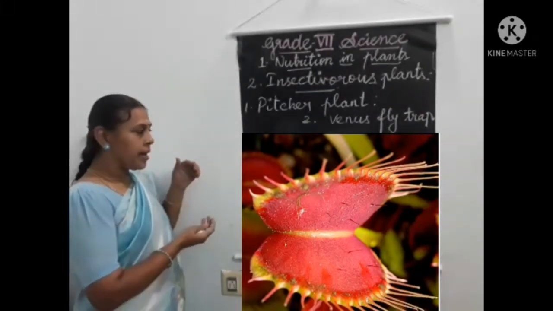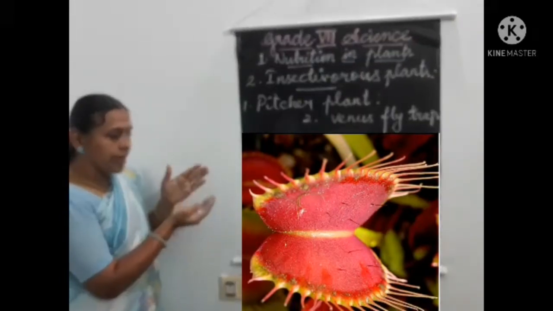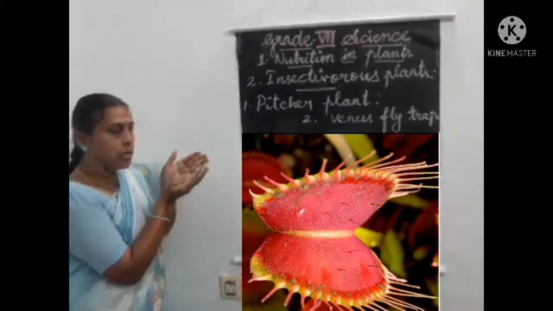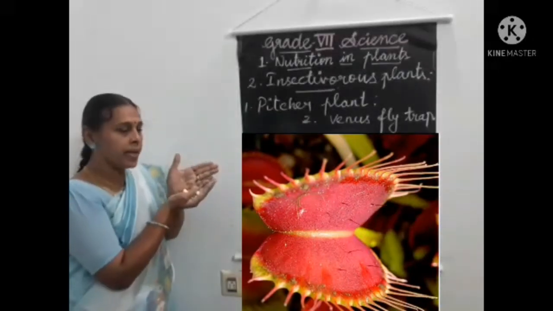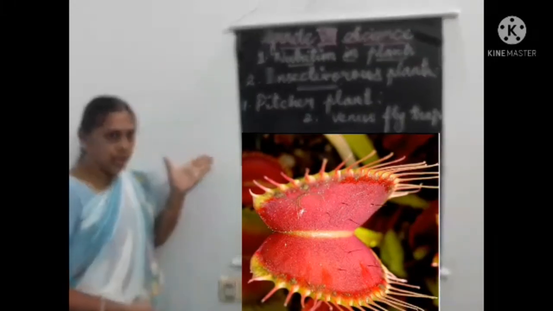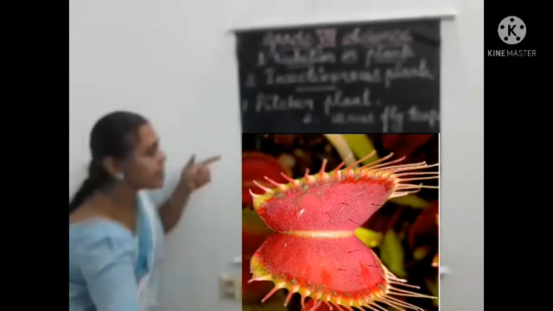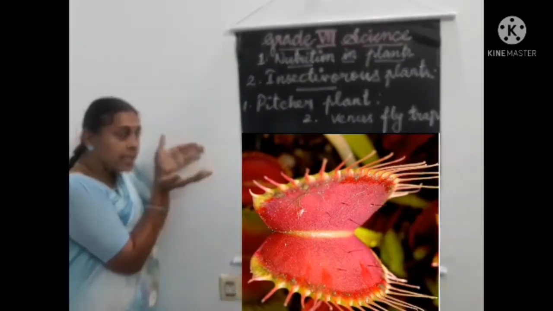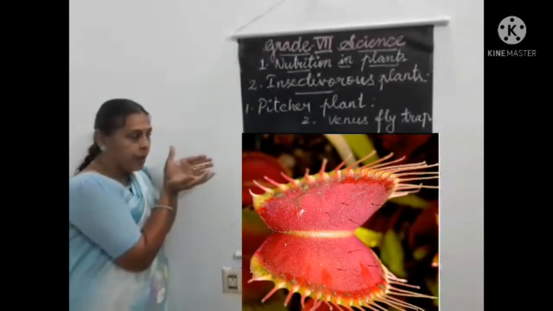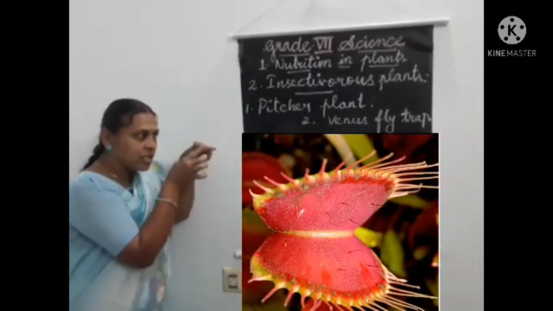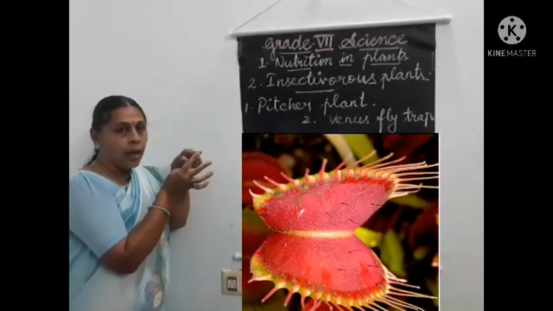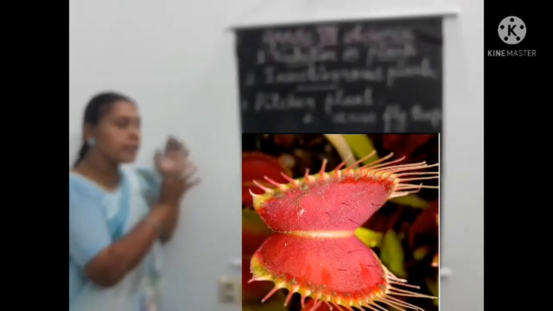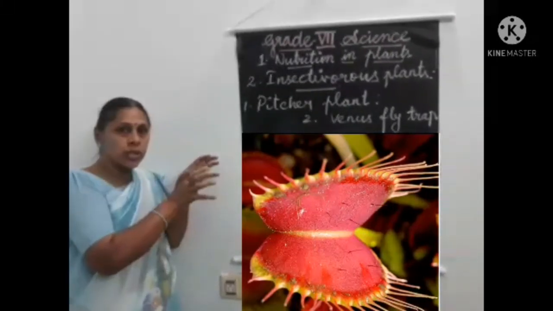It looks like the leaf has a folding like this. Generally a leaf has a flat surface, a single leaf. But in this, can you see these two lobes? It has a central folding and some hair-like structures at the top. And inside, that red color is nothing but the digestive juice.